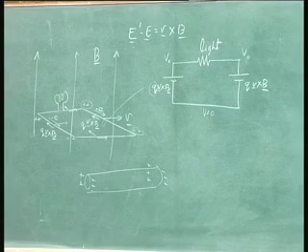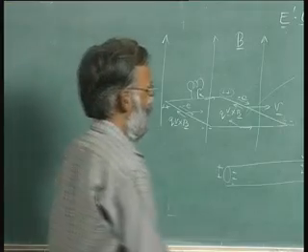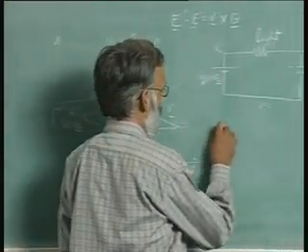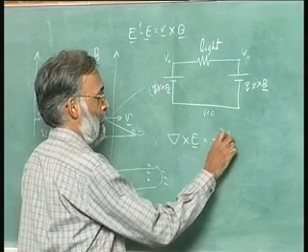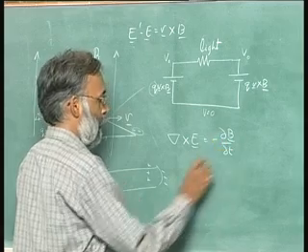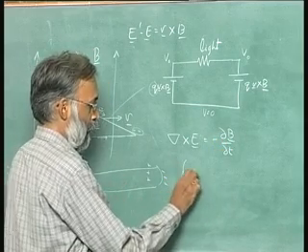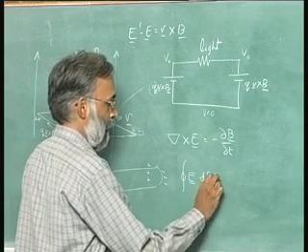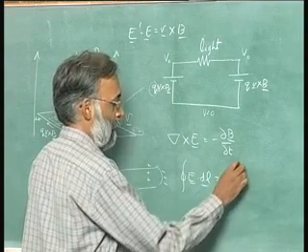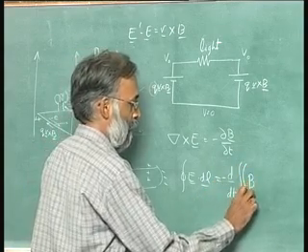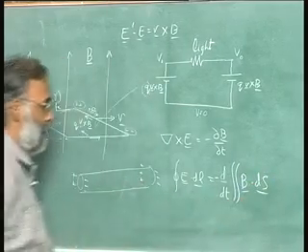Now, let us think of it in terms of Faraday's law. Faraday's law says curl of E equals minus del B del t, or loop integral E dot dl is equal to minus d dt of the surface integral B dot ds.